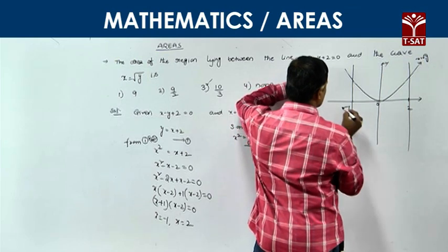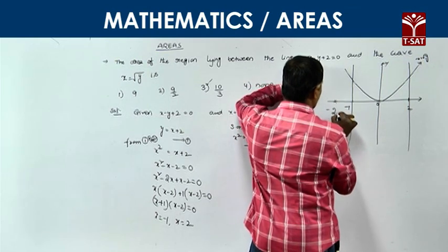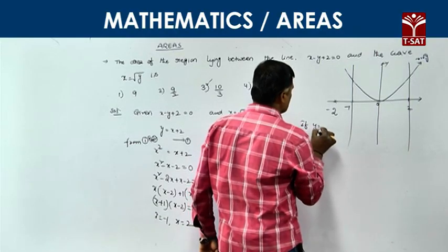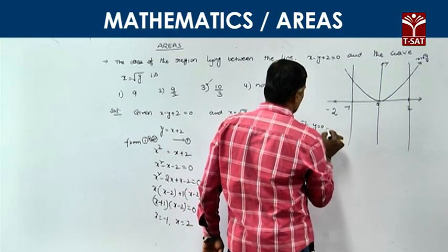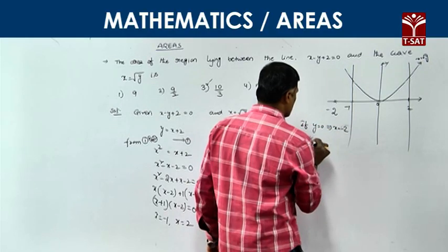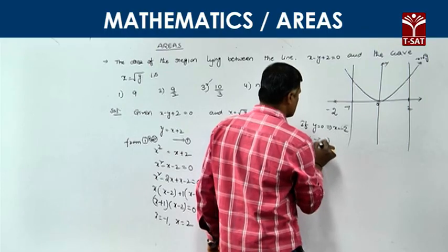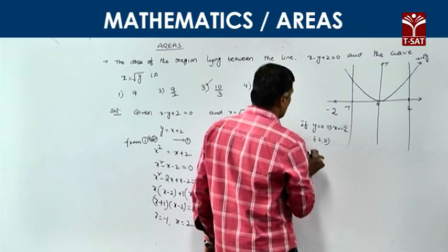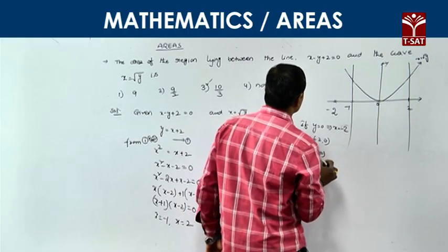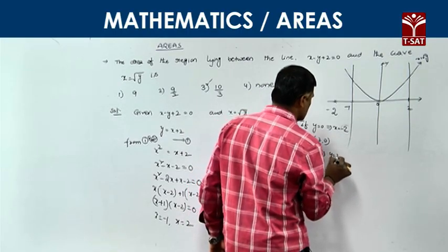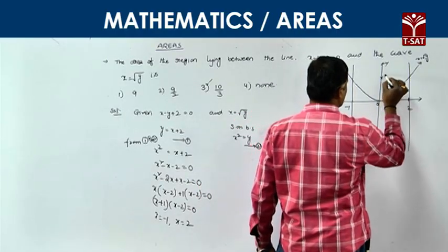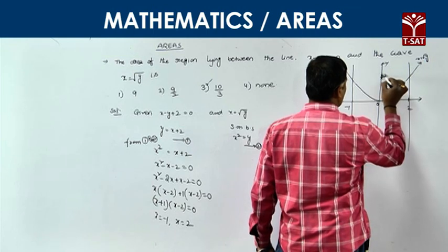If y is equal to 0, that implies x is equal to minus 2. Therefore minus 2 comma 0 is one point of intersection, and x is equal to 0 implies y is equal to 2, so 0 comma 2.